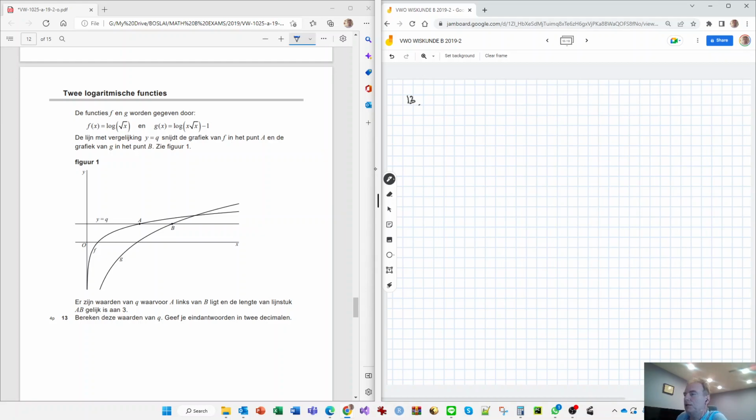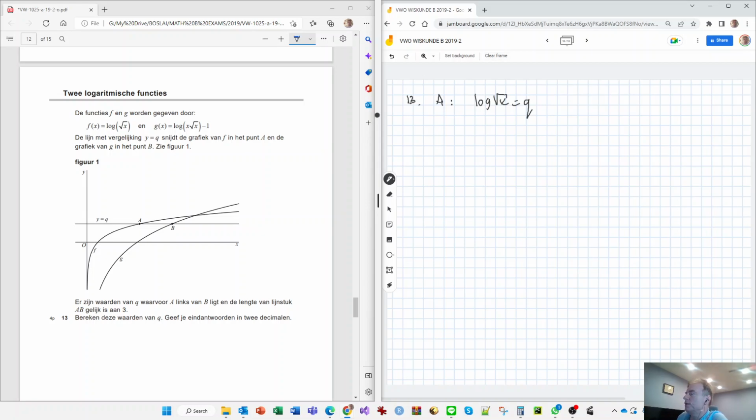So probably we need to use a calculator again. Alright, let's find a and b. So for a we have the log of square root of x equals q.